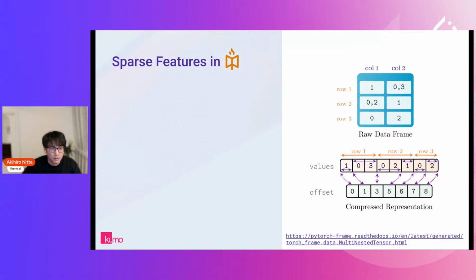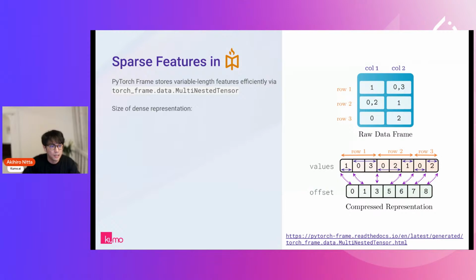So this is how we handle sparse features. We provide a multi-nested tensor to store variable length features efficiently.